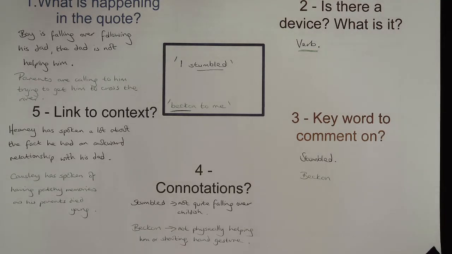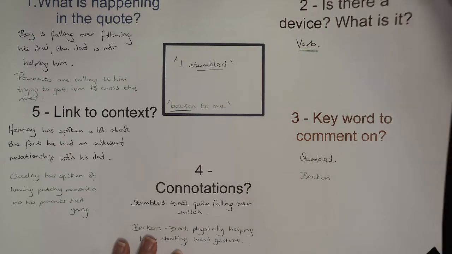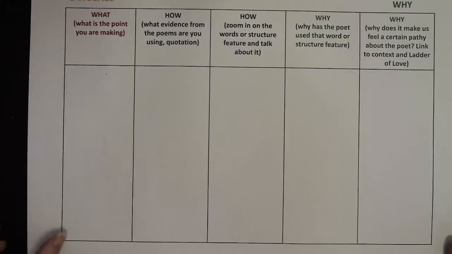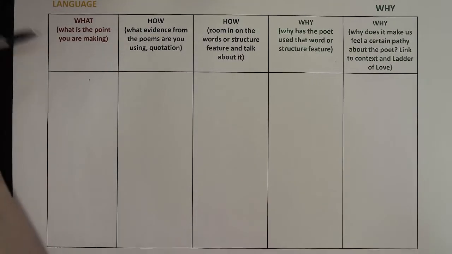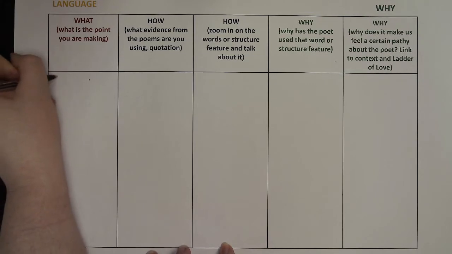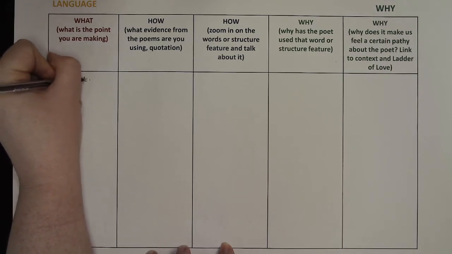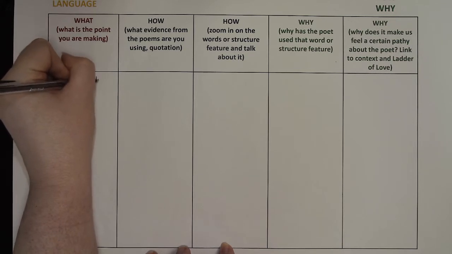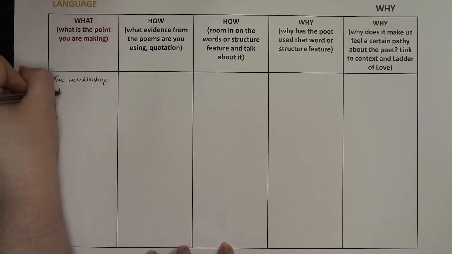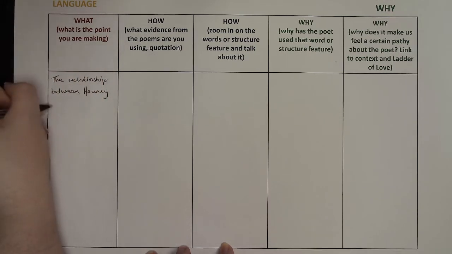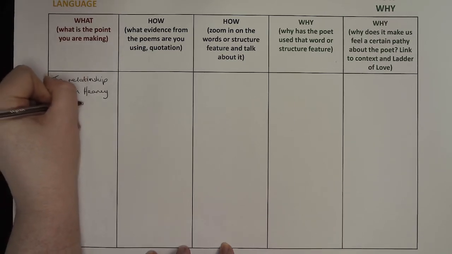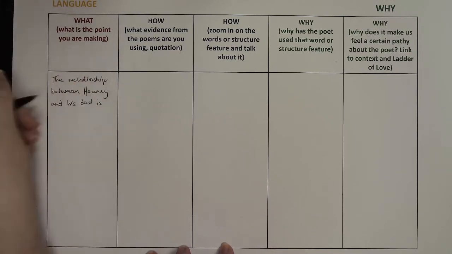Okay, so I've done my quote explosion. Now I need to start thinking about writing my actual paragraph. So I'm going to do my paragraph on the grid that I put on the PowerPoint rather than doing it straight into a paragraph form because I think it's easier this way. So what is the point I am making? The relationship between Heaney and his father is not strong.